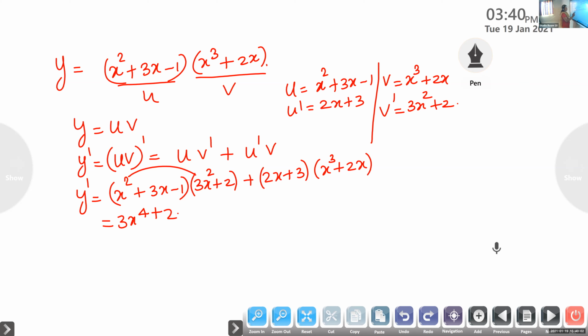Plus 2x square plus 9x cube plus 6x. So open the bracket and complete this one.